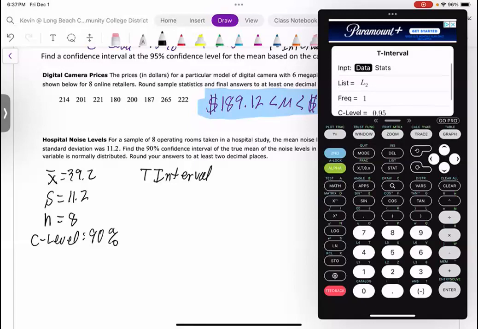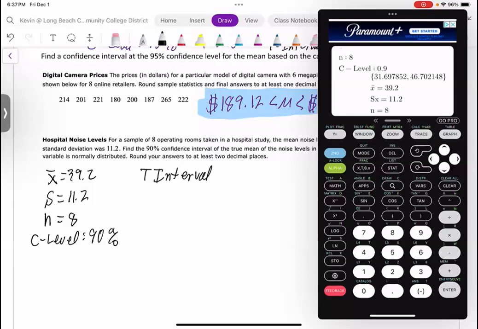And we are no longer using data, we are using statistics. And I obviously practiced with this one before. We already have the X bar is 39.2, SX is 11.2, and n in this case is 8. C level is at 0.9. And here we go.